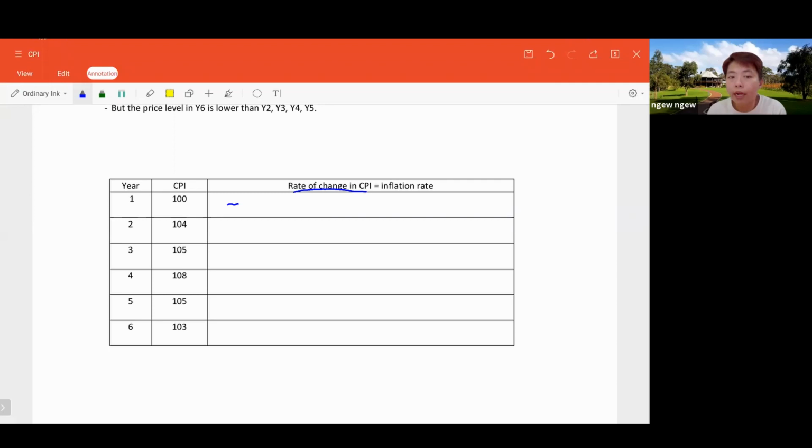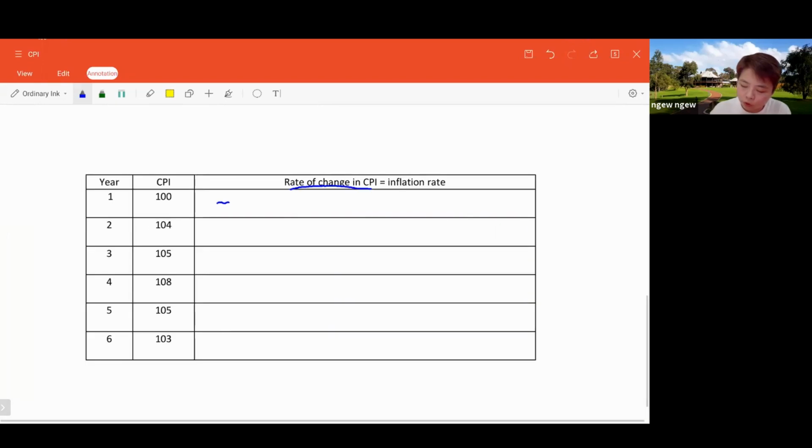To find the inflation rate for the second year, from 100 to 104, it is very simple, but I still need to show you the formula. You use the new year prices minus the old year prices, over the old prices, multiplied by 100. So 104 minus 100 over 100, multiplied by 100%. This year your inflation rate is 4%.